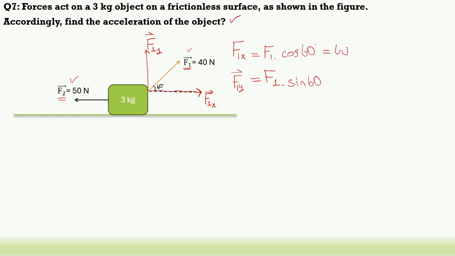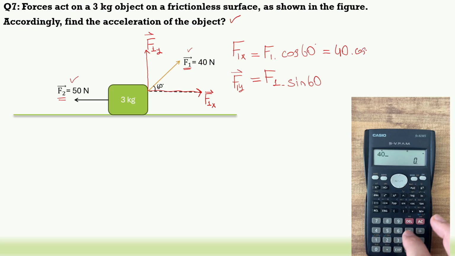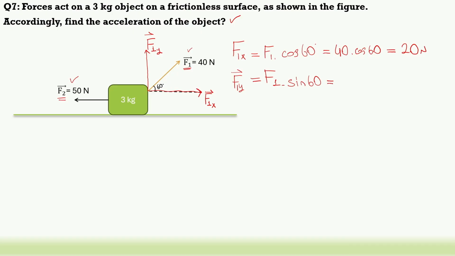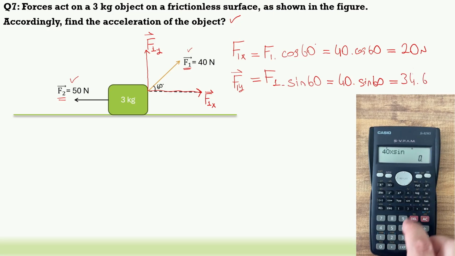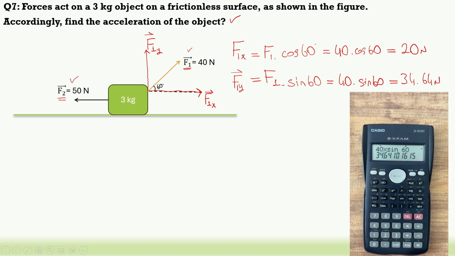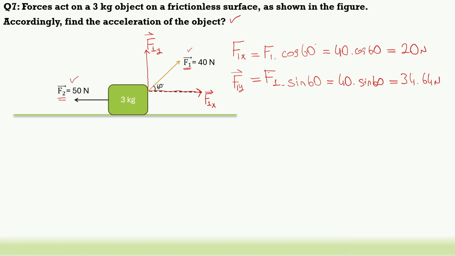Here, 40 times cosine 60 equals 20 Newton. F1y is 40 times sine 60, which equals 34.64 Newton. Okay, we calculated the components.